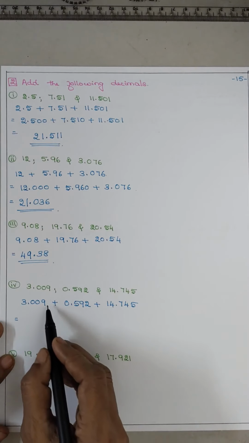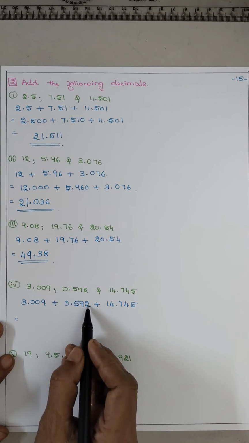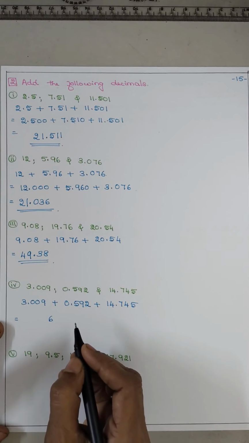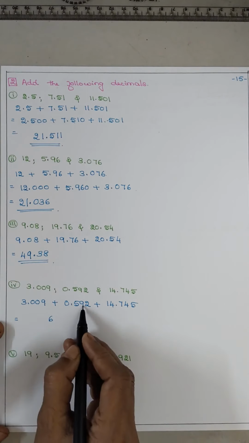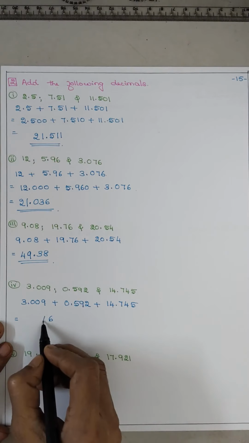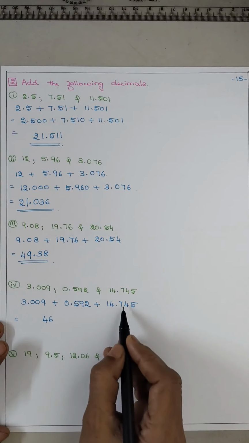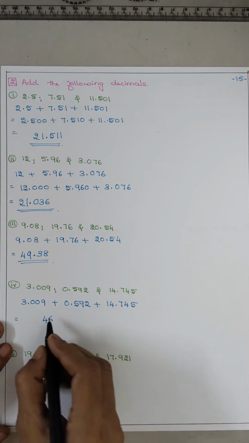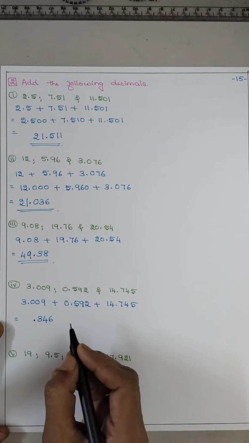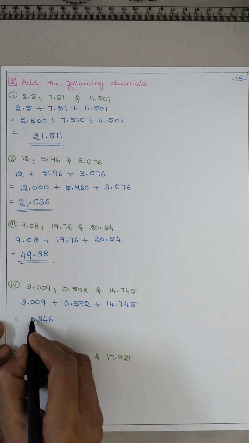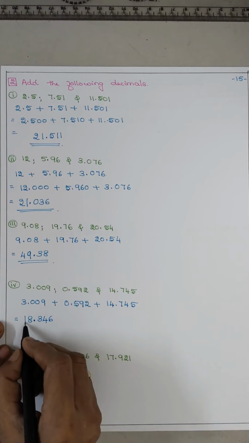Directly add: 9 plus 2, 11, plus 5, 16, 1, 10, 14, 1, 6, 13, 1, 4, 8 and 1.